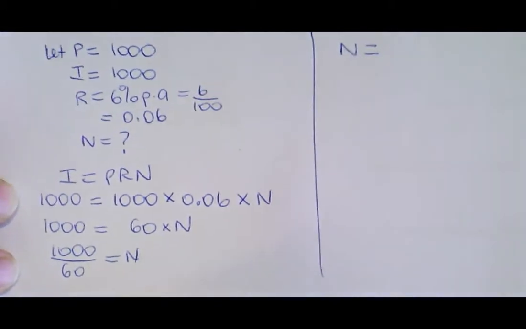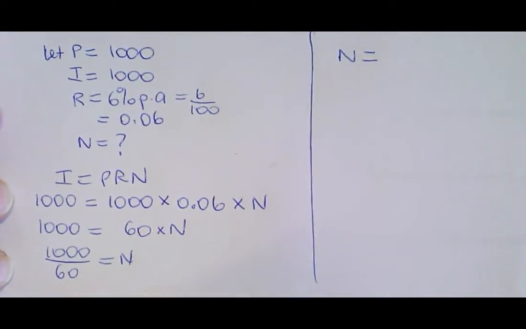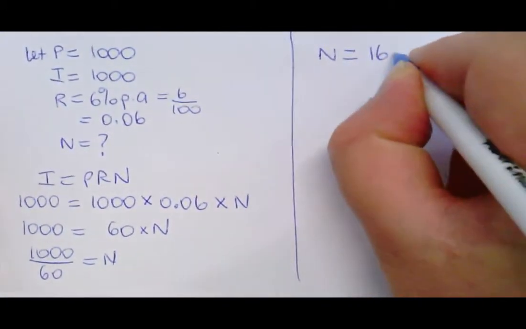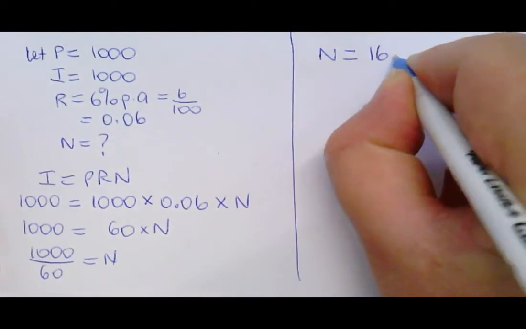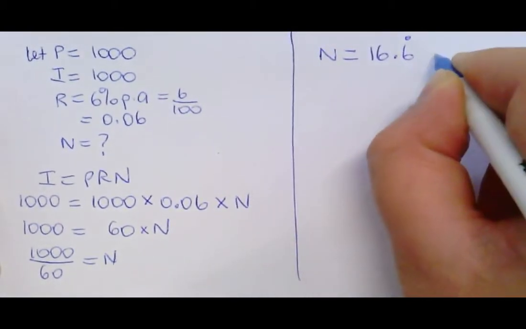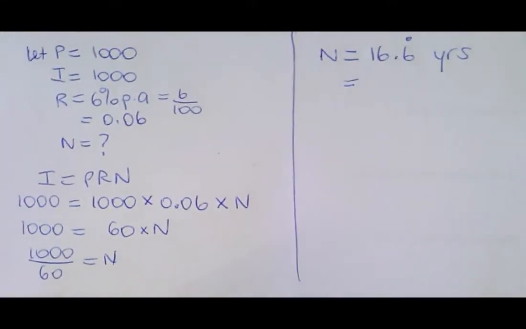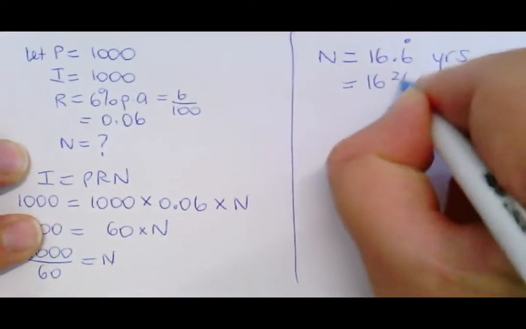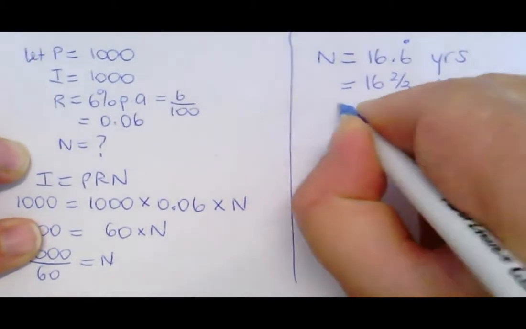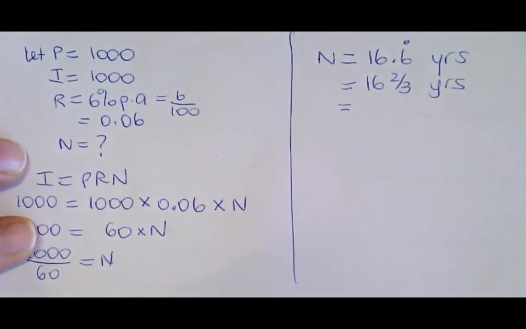What's 1,000 divided by 60? 16.6 recurring. No, 16.6 recurring is an exact value. What's 0.6 recurring? 2/3. And 16 and 2/3 years, and you can give it to me in years and months.